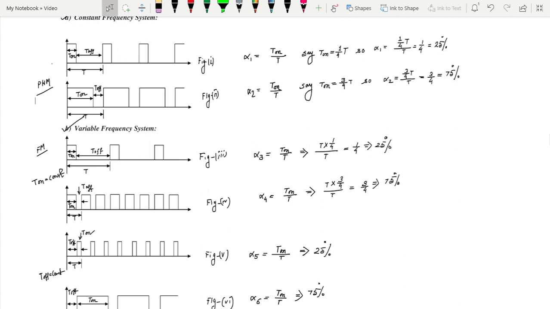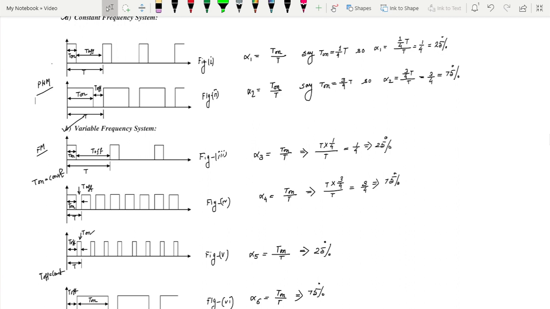So pulse width modulation is better. Next, in case of frequency modulation, when we increase the frequency level, that frequency also interferes with the communication systems. So this is the second disadvantage of frequency modulation.